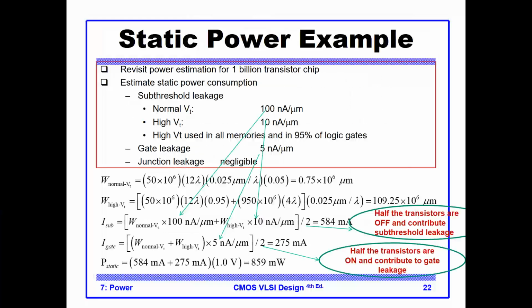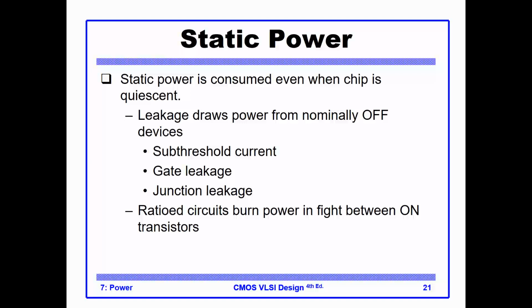And the last bullet here: some circuits are ratioed, and those burn power even when they are in the on state. Example, the pseudo NMOS. Whenever you have this input high, you have a direct current from VDD to ground.